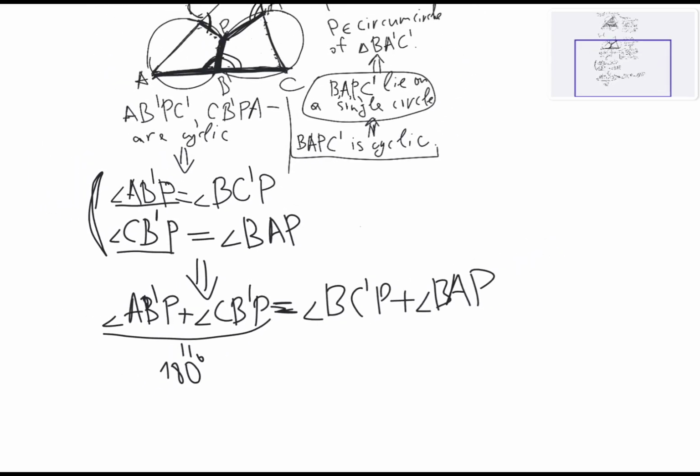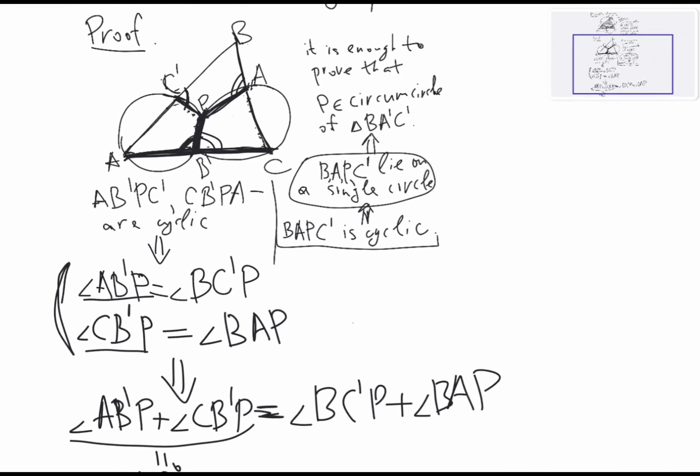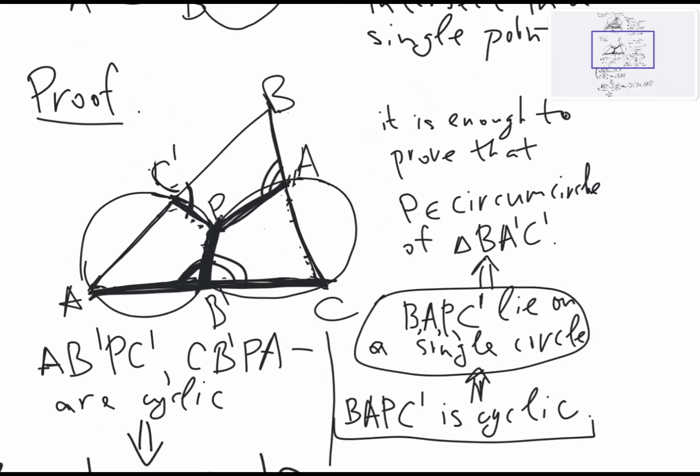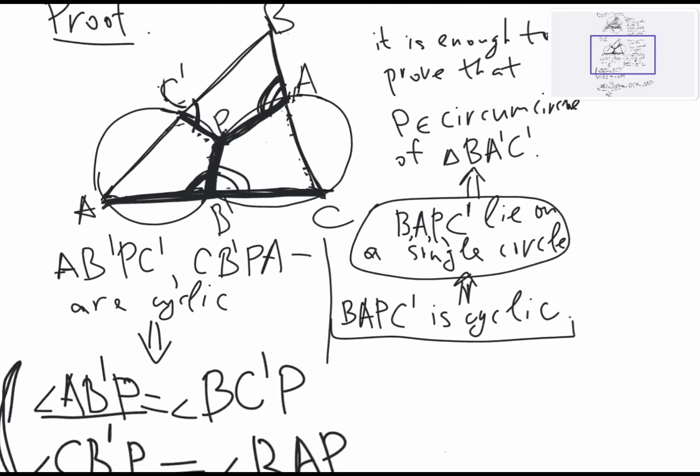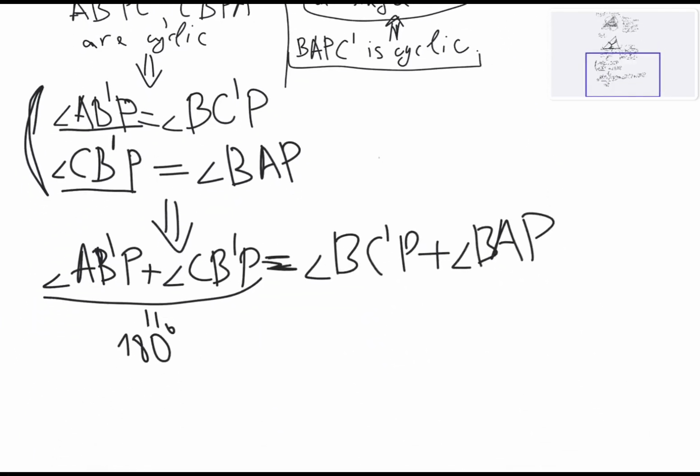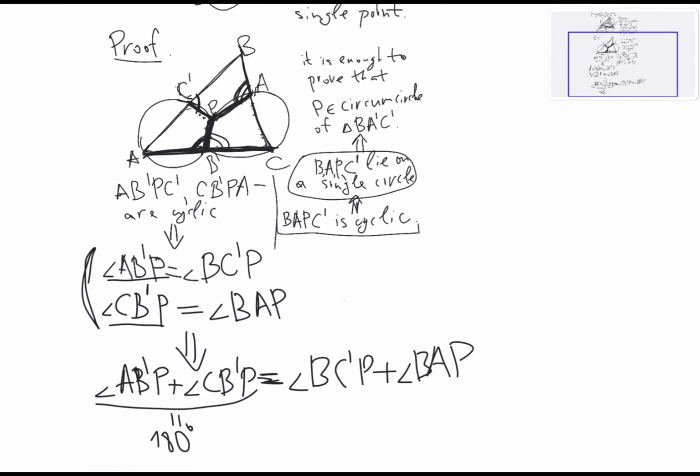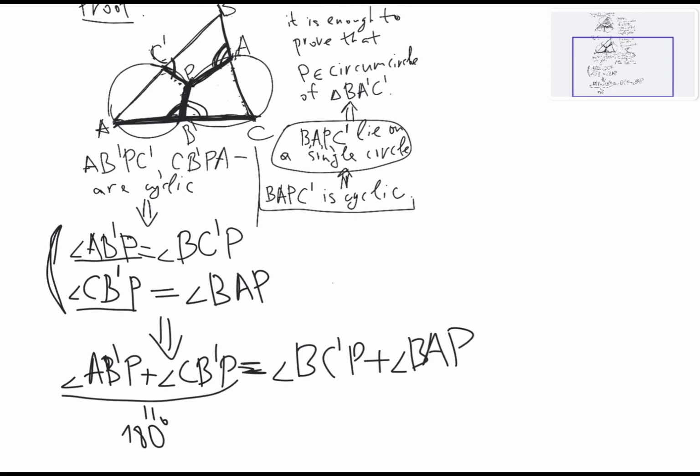And on the right hand side, what is there? On the right hand side are these two angles, BC prime P, this angle, plus BAP, this angle. So these are two opposite angles in the quadrilateral BAPC prime.